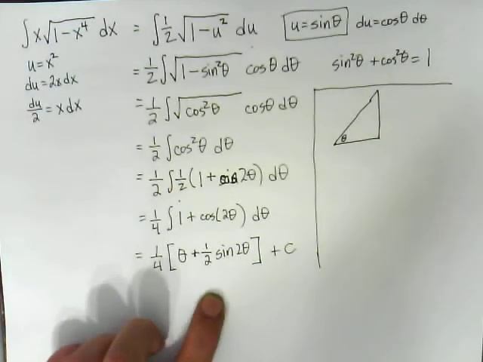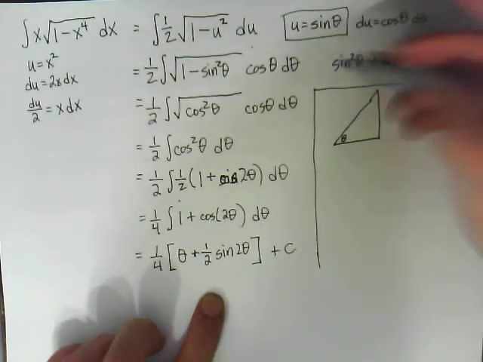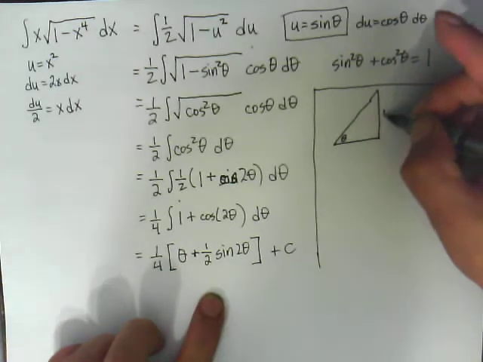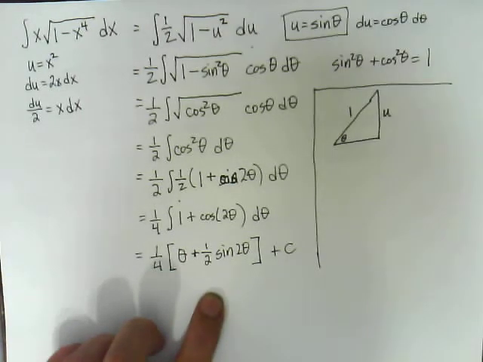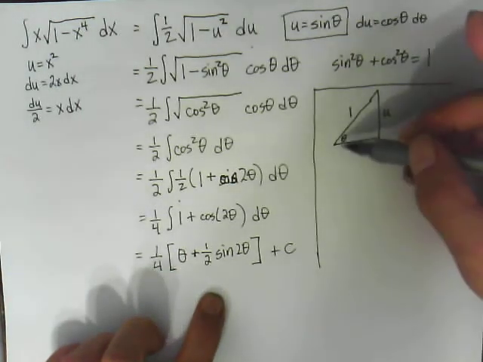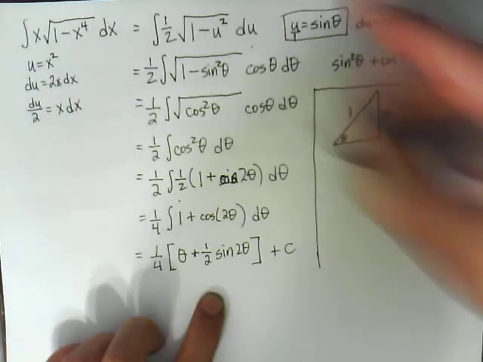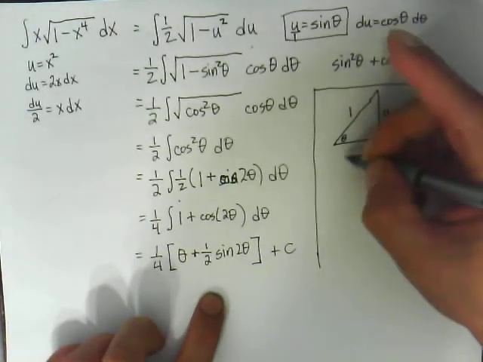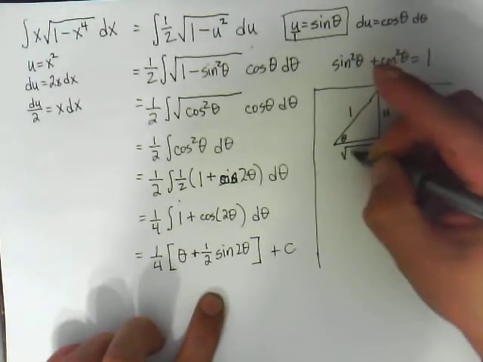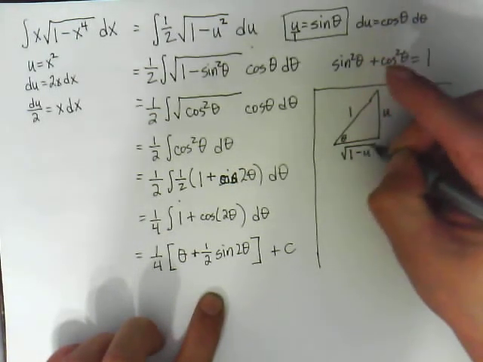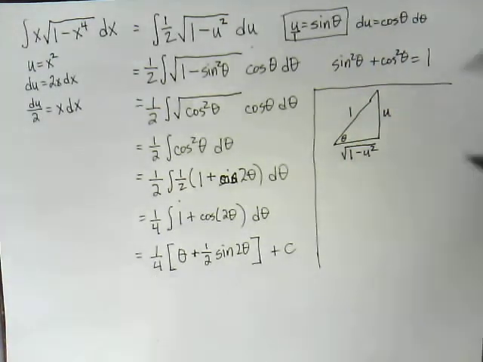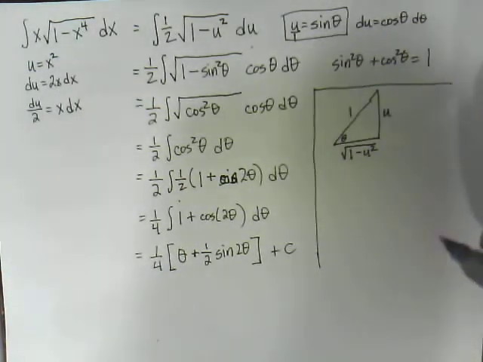Sine is opposite over hypotenuse, so the opposite is going to be u, because this fraction can be written as u over 1, and the adjacent is going to be the square root of 1 minus u squared.